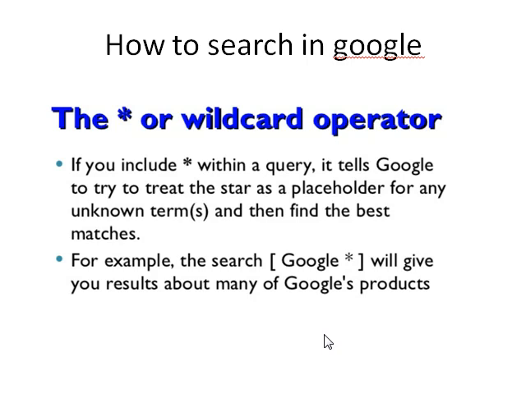Then a star at the end of, for example, the word is a placeholder. For example, you search Google star in this phrase. It will give you all the results about Google's products, not that phrase, but the products of that phrase.